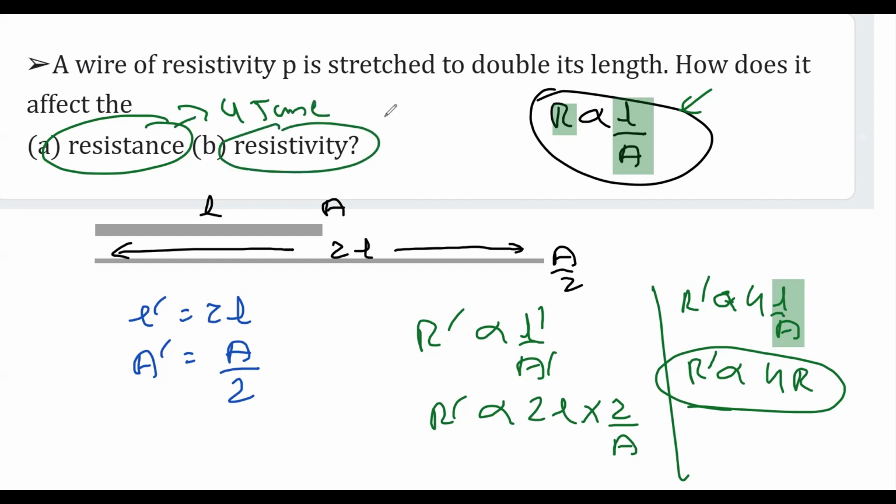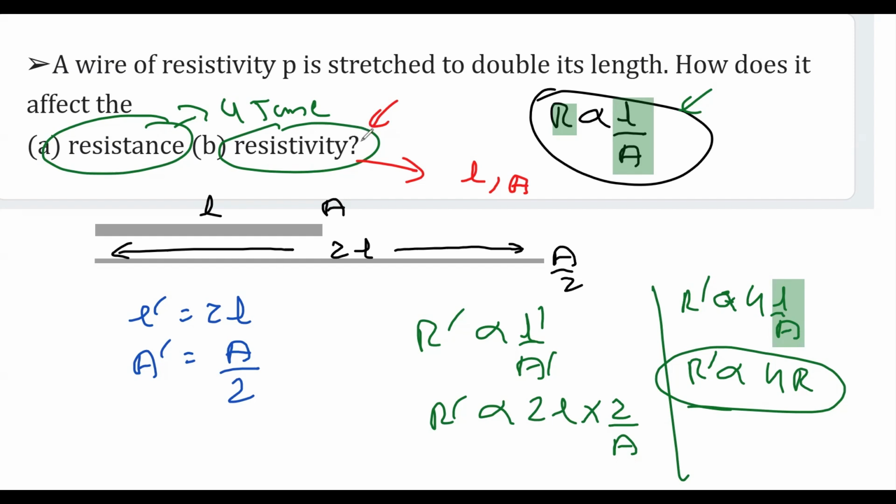Now next is resistivity. Well, resistivity is a constant of proportionality. The resistivity of the wire does not depend on the length, nor does it depend upon the cross-section area. It depends upon the nature of the material. A wire of a given material has a fixed resistivity. As you can see, it is the same wire. We are not changing the wire from copper to nickel or, say, copper to aluminum.